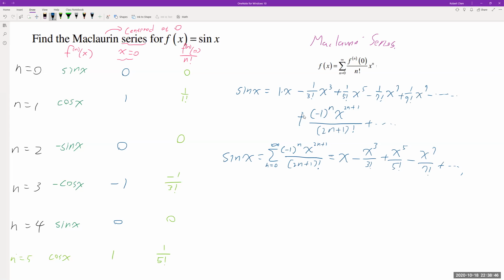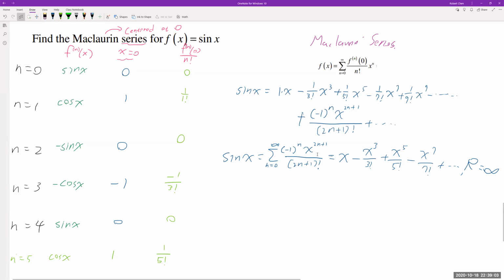And the radius of convergence for this one is also infinity. We can try that using the ratio test on this power series, but I'll leave that to you guys.